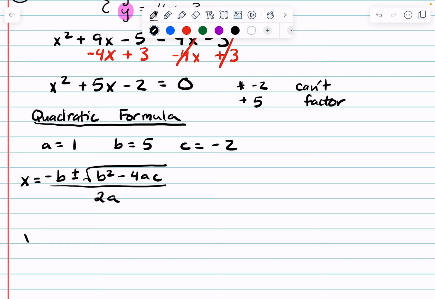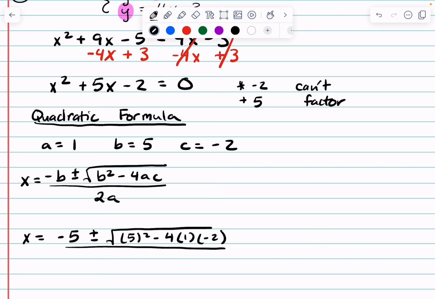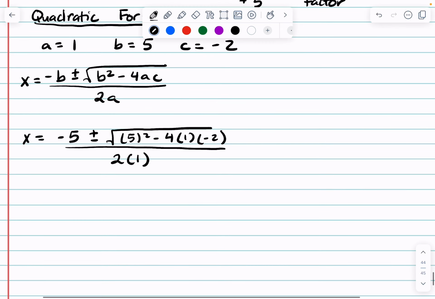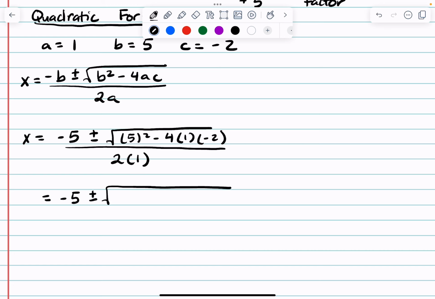So if we do that, we've got negative b, which is negative 5, plus or minus the square root of 5 squared minus 4 times a, which is 1, times c, which is negative 2, all over 2 times a, which is just 2 times 1. So that'll get me negative 5 plus or minus, let's see, 5 squared is 25.